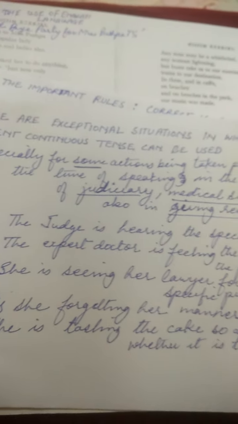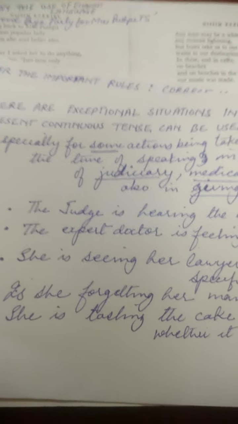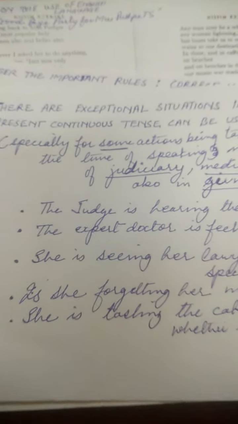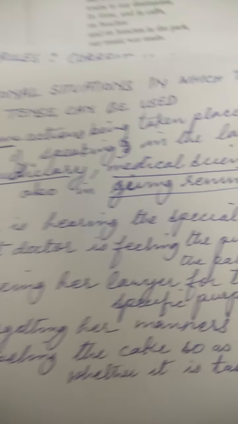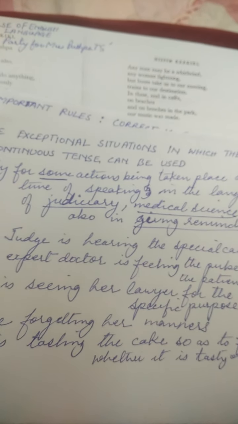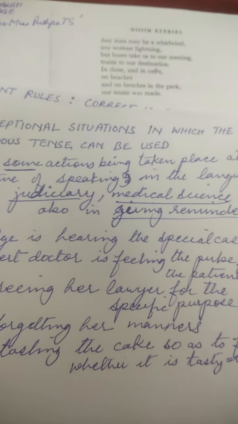And now, "is she forgetting her manners?" Otherwise we do not make use of the word forget, a stative verb, as we discussed earlier. So particularly when giving reminders, you can make use of it. And then "she is tasting the cake so as to find whether it is tasty or not."